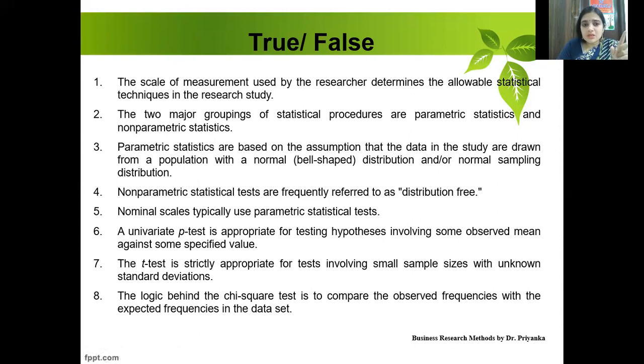When we discussed the t-test, it is considered a parametric statistic, and we used three assumptions for it. This was one among them, that your population has a normal distribution or a normal sampling distribution. So it is again true. Whenever you decide whether you are going for a parametric or non-parametric test, this is one of the foremost conditions, that your data should be normally distributed.